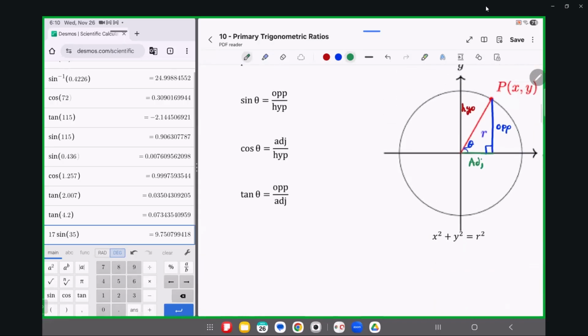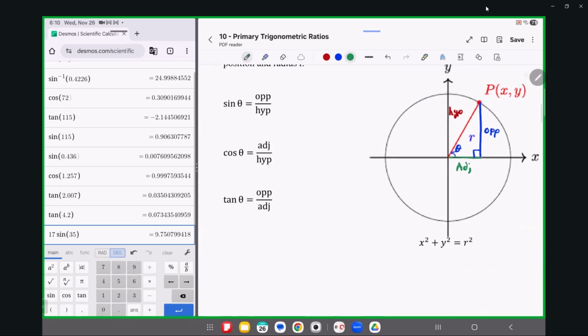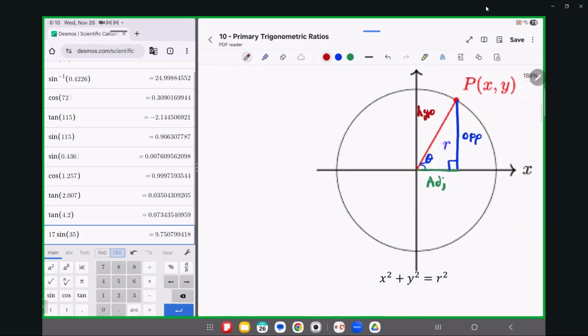Okay, and so what do we know about this triangle? Well, we know that the adjacent is going to be the x component of that triangle. So given a point x comma y, the adjacent will be x. The opposite is going to be the height of this triangle, and that'll be y. Now, what is an expression for the radius?